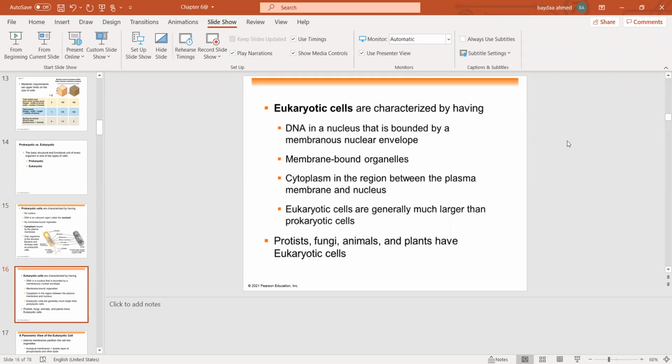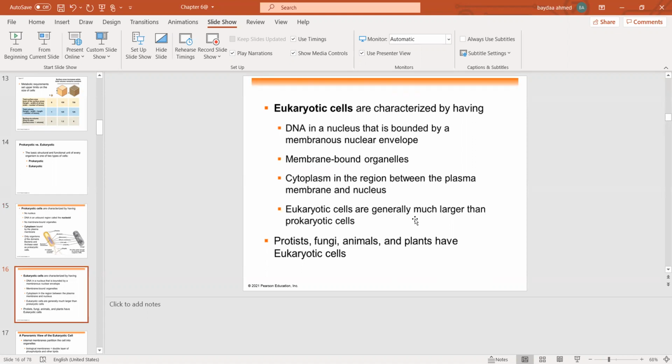We have eukaryotic cells. Eukaryotic cells are characterized by having DNA in the form of chromosomes bound within a nuclear envelope, so they have a real nucleus in the center of the cell, and they have membrane-bound organelles. The cytoplasm occupies the region between the nucleus and the plasma membrane.